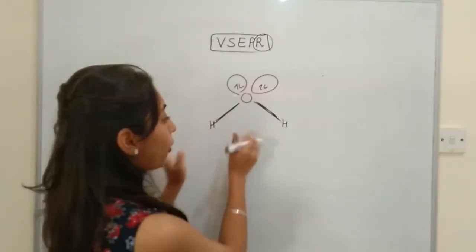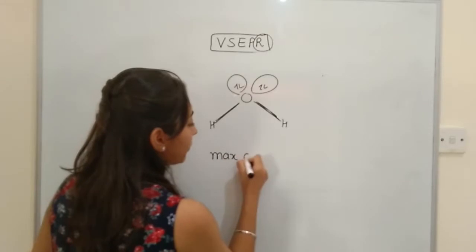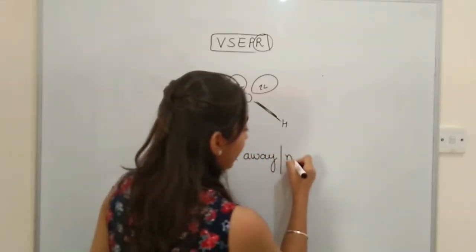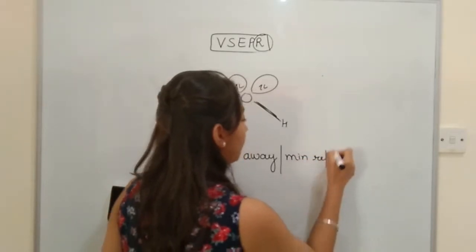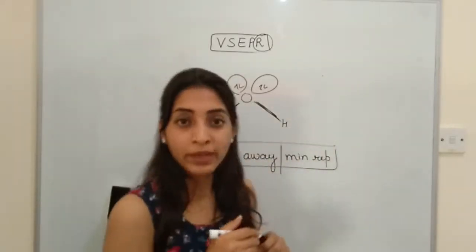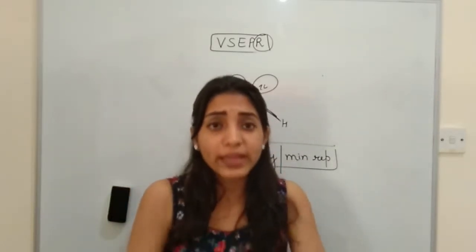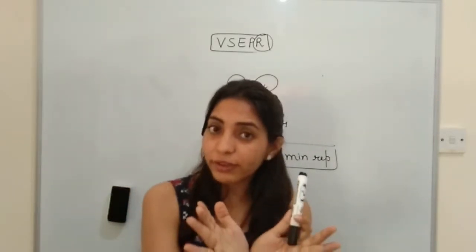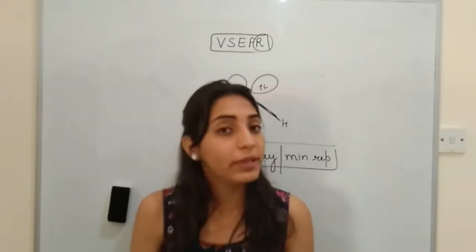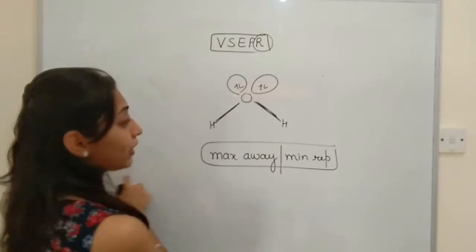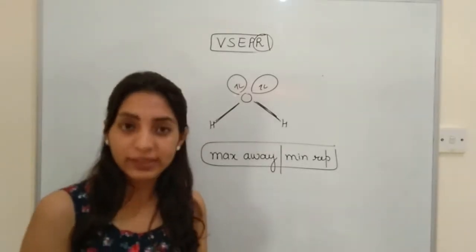So they want to be maximum away from each other, and the distance should be such that there is minimum repulsion. So the lone pairs want to orient themselves in such a way that they are maximum far away from each other and have minimum repulsions. These were all the postulates covered in VSEPR theory.